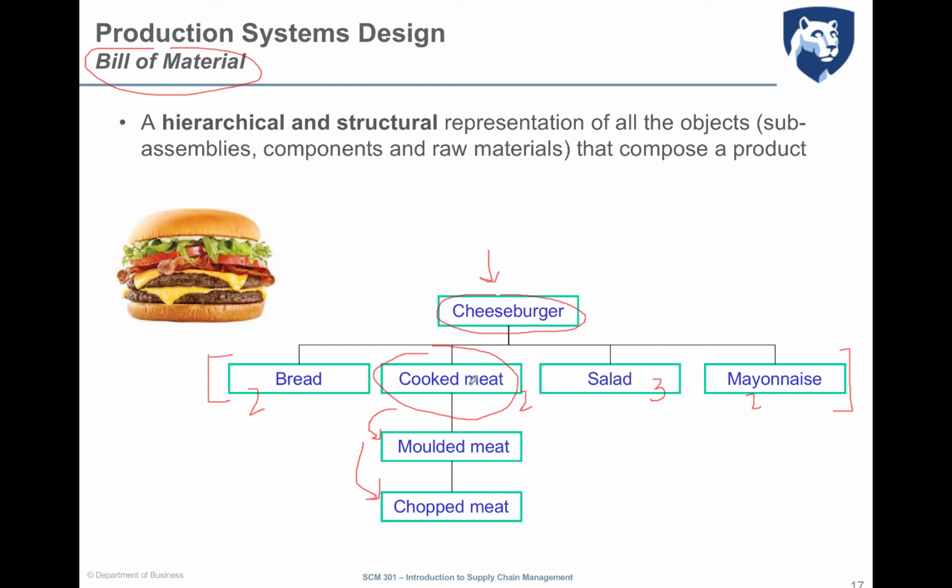So this is, let's say, the explosion of the final product. I'm saying to the production system that I need to realize a cheeseburger, and to realize a cheeseburger I need bread, cooked meat, salad, and mayonnaise in this quantity and in this possible configuration or variants.